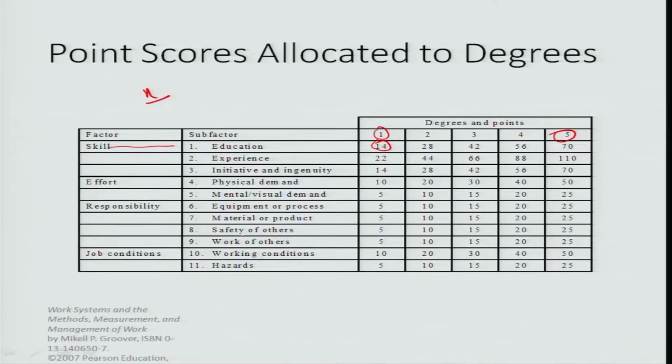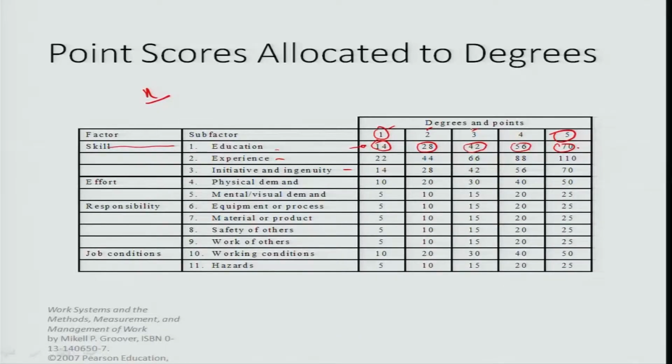If it changes from degree 1 to 2, the score doubles. At the third degree the score triples, and so on to 4 times and 5 times. In general, for all these different subfactors, you associate a point score and use a weighting value so that the different degrees are rated accordingly.